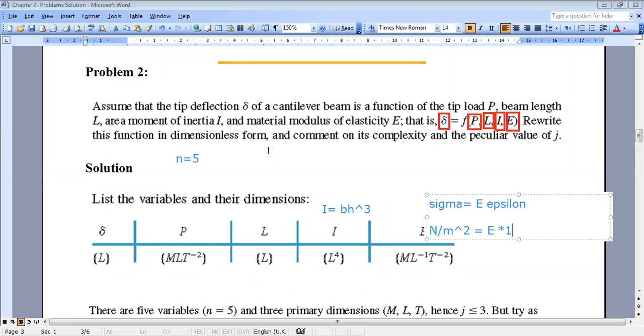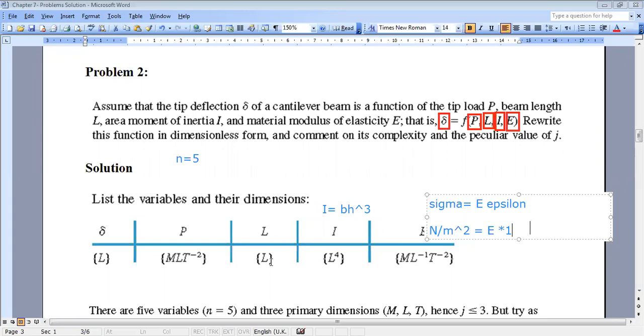The second step is to put the dimensions of each variable. As you can see here, step 2, you put your variables in a table and you put the dimension for each variable. Delta is length, so the dimension is L. P is a force, the dimension is MLT^-2.